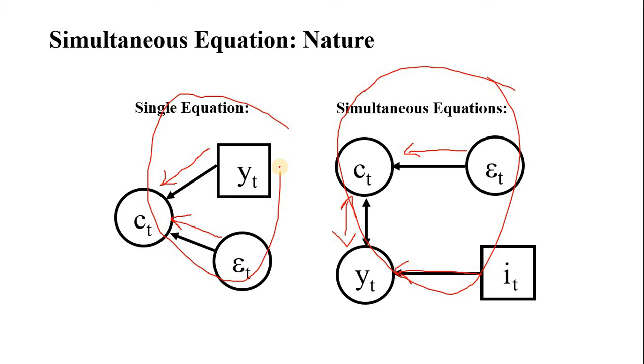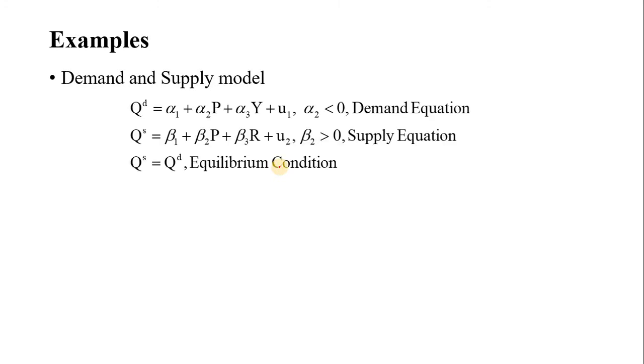Now let me give you some examples. This is a pure microeconomic model, market determination. Quantity demanded for a commodity depends on price, income and some other factors, where alpha 2 is negative, because it is a demand equation.